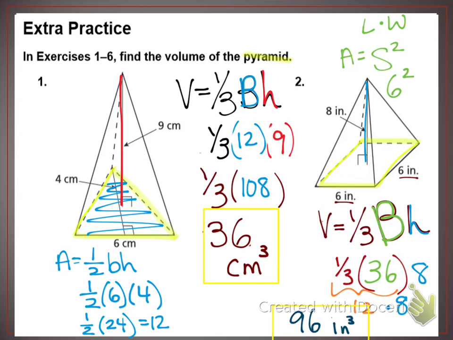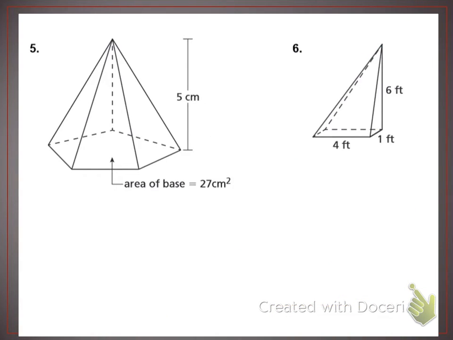All right. Ready for the next one? We like the next one actually a little bit better because why is this one easier than the ones we've been doing? Yeah, they already told me the area of the base, right? 27. I don't have to do very much math for that. I'm just going to use the volume formula. Volume for a pyramid is 1/3 area of the base times the height.